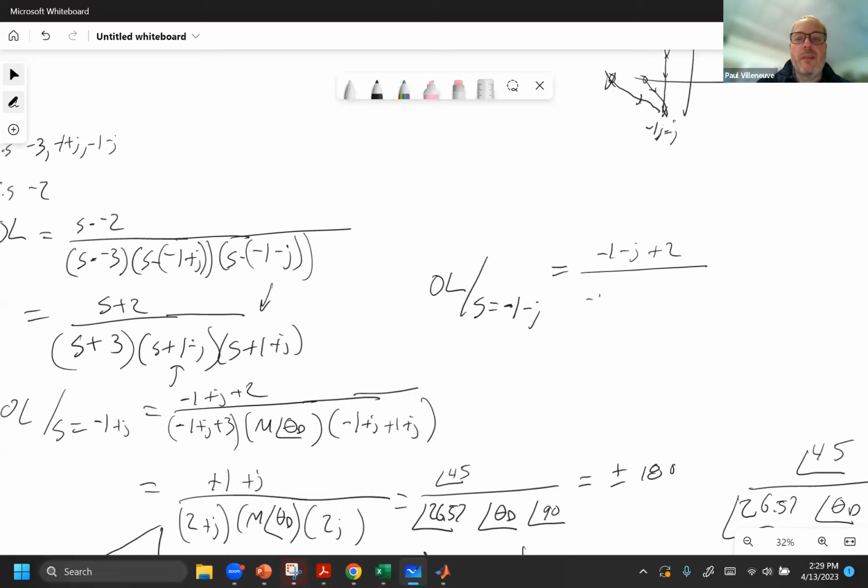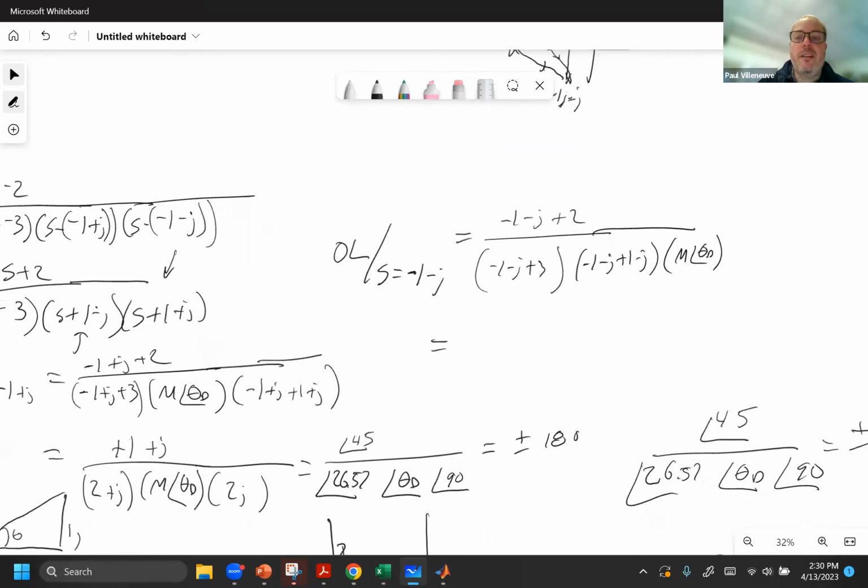This one I know now. Who I'm trying to find, I should say, is -1 minus j plus 1 minus j. And this one I'm trying to solve for that point. So this is M at an angle of theta d.